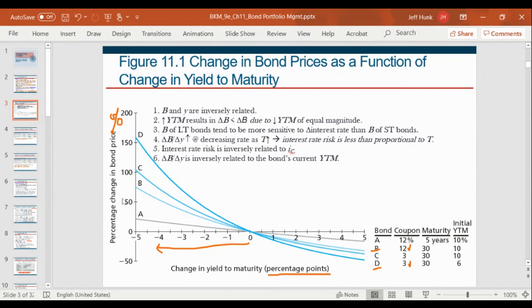The increase in percentage change in bond price is almost... look at this, for just a 4% change, right?